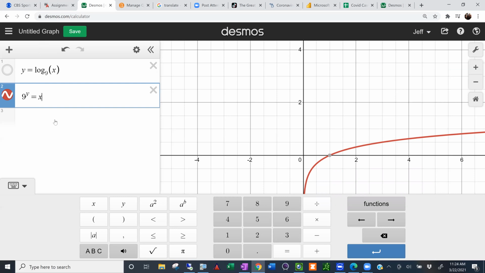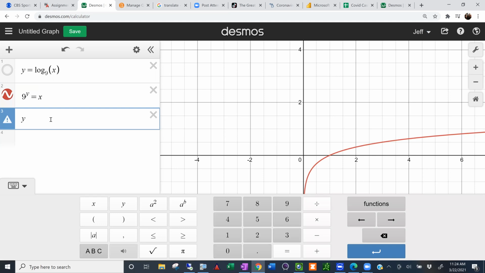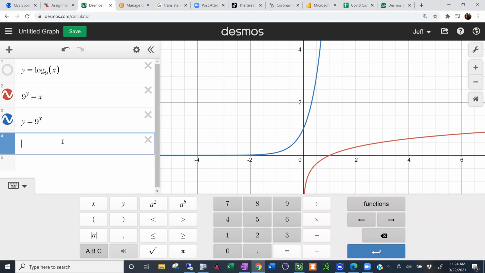Now be careful you don't type in the wrong function. If you typed in y equals 9 to the x, now that's the inverse of this. Remember the exponential function, which is what this is, and the log function, which is what this is, are inverses of each other. Do you remember the relationship about those 2 functions?